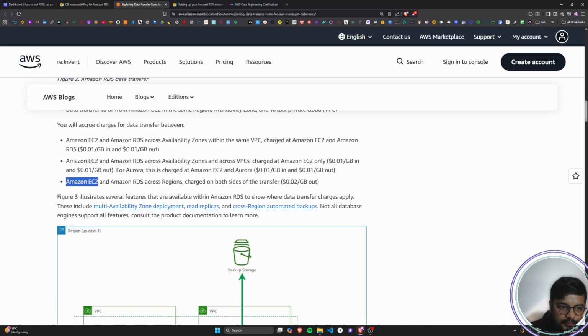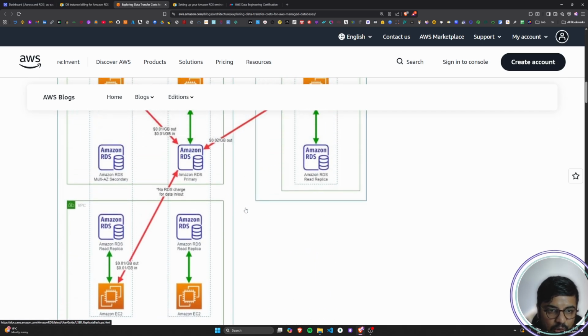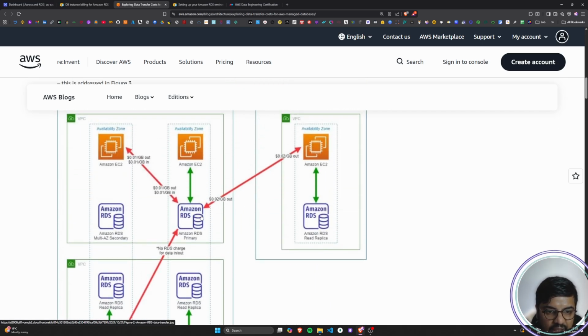Now for Amazon EC2 and Amazon RDS across regions, it is charged on both sides for the transfer, that is $0.02 per GB. Again, we need to keep in mind that we will be charged for both. This $0.02 per GB will be charged for the RDS service and for the EC2 service. Here also we will be charged $0.01 per GB for EC2 and for RDS both.